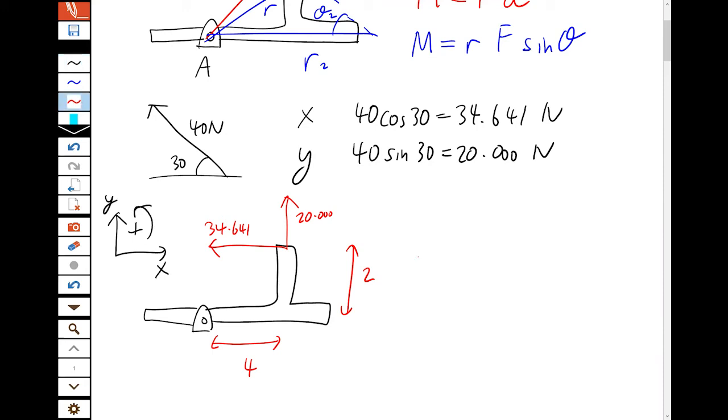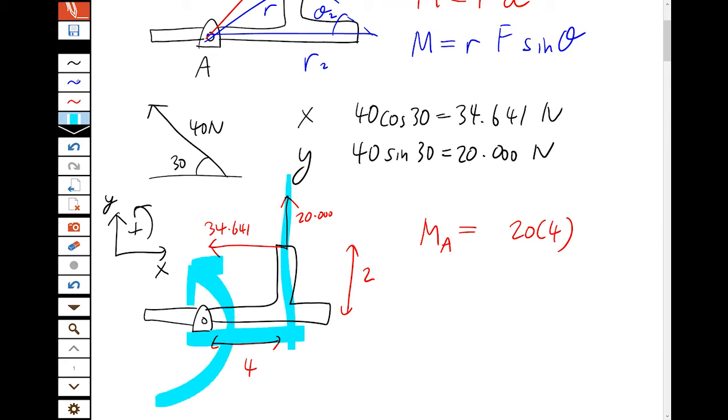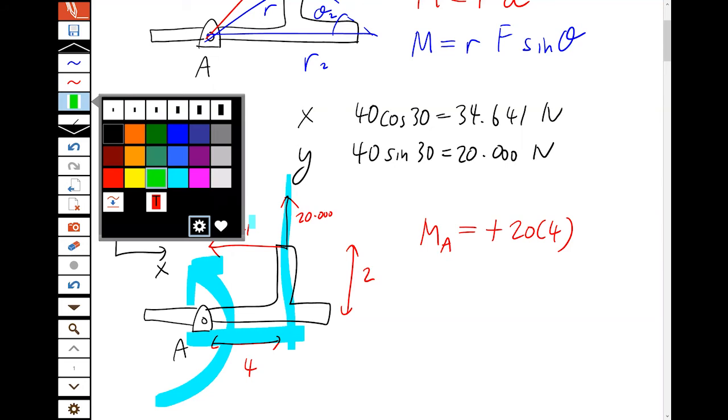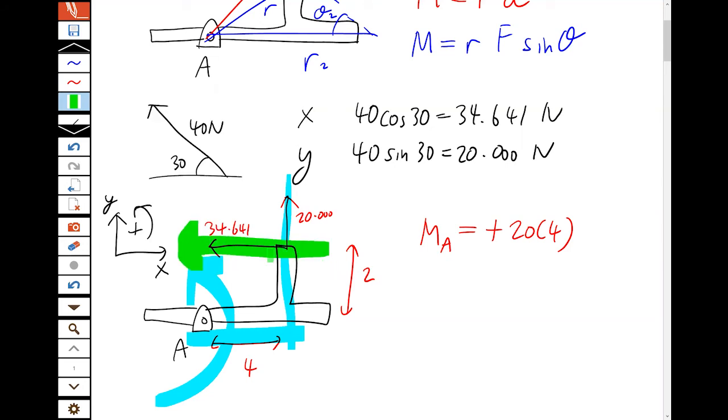So now the moments around A of these two forces are, you have 20 newtons, a perpendicular distance of 4 away, and that's turning counterclockwise around A, so that's positive. And then you have 34.641, a perpendicular distance of 2 away.